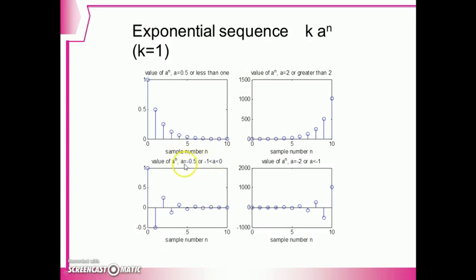In the same way, when a is minus 0.5, or a is between -1 and 0, you will see the values are alternately positive and negative as shown. When a is less than -1, the values go on increasing. Again, the values change from positive to negative for alternate values of n.